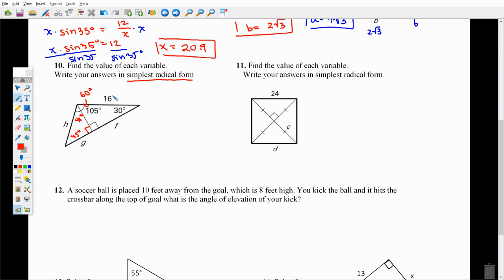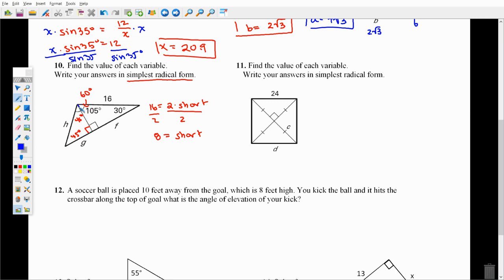And so the only value I really have right now is 16, and that is our hypotenuse. So use the hypotenuse equals 2 times our short, and our short side is this one right here. It doesn't have a variable, so I'll just keep it short. And then divide by 2, divide by 2. So our short side here is going to be equal to 8.